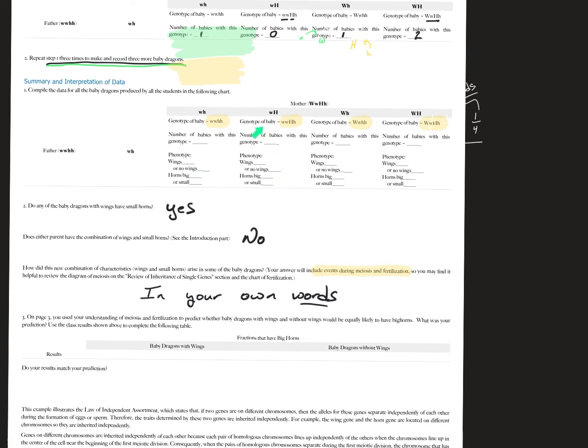This baby dragon would have no wings but big horns. This one would have wings but small horns. And this one would have wings and big horns, correct? So the ones with wings would have a 50% chance of having big horns, and the ones without wings would have a 50% chance of having big horns. You remember us doing that earlier? Yeah. So what fraction of baby dragons with wings do you think would have big horns?